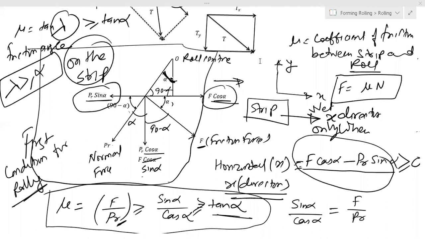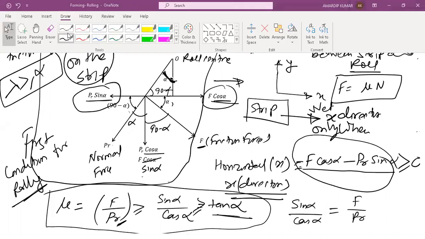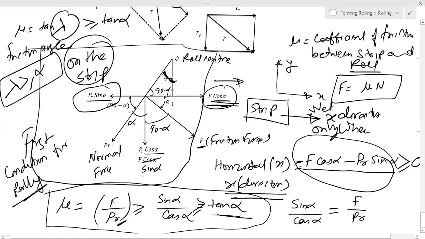So Prasad, this is your F cos alpha. You are not following me. You have to hear on a broadband connection and study on a PC or laptop, right? So this is F cos alpha and this is PR sin alpha. So in x direction that is F cos alpha minus PR sin alpha. Now it is clear to Prasad?